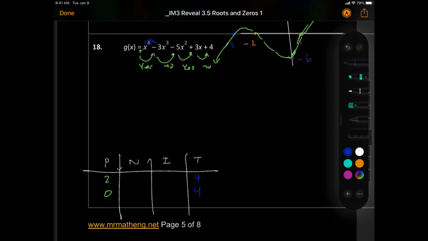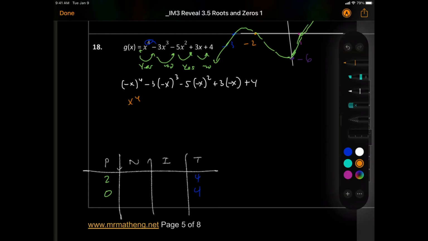And let's go ahead and try the negatives. And this becomes x to the 4th.